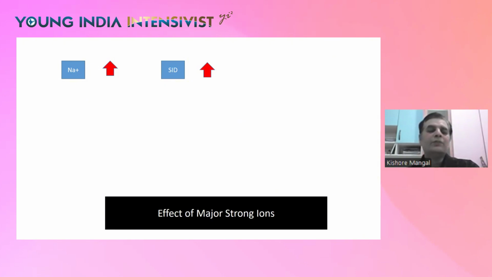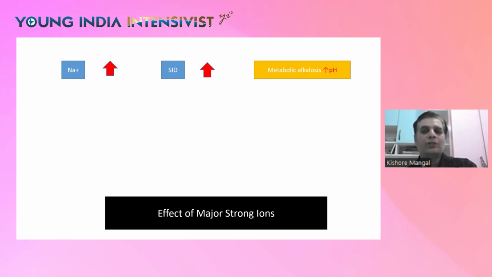And if sodium is increasing in the body, to balance that we will have OH minus, which is there in the water, increase to compensate for the electroneutrality. If plus is increasing, then we need to increase some minus. So OH minus will be increased and it will be metabolic alkalosis. Bicarbonate or OH minus is increasing. So if sodium is increasing, it will increase SID and it will increase the pH.